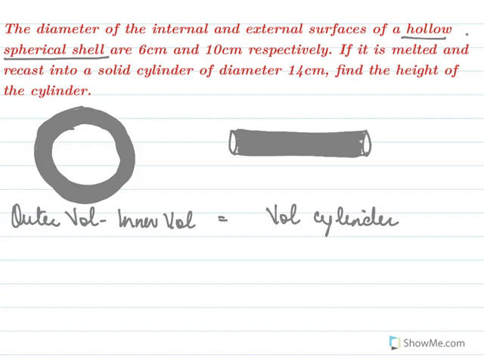Here the shell will have two radii, the outer radius capital R and the smaller inner radius small r. And here 6 centimeters and 10 centimeters are the diameters. So the outer R will be 5 centimeter and the inner r will be 3 centimeter.